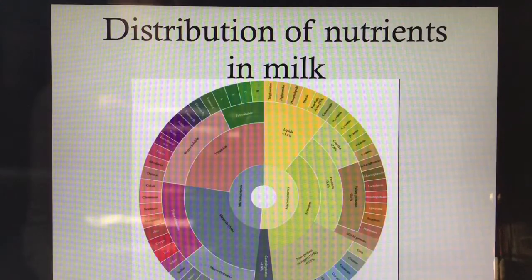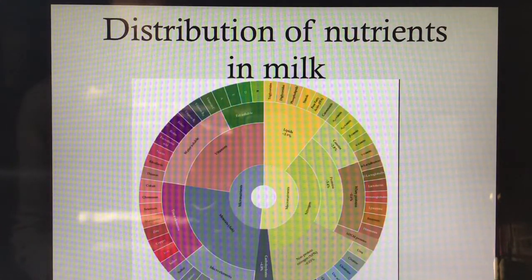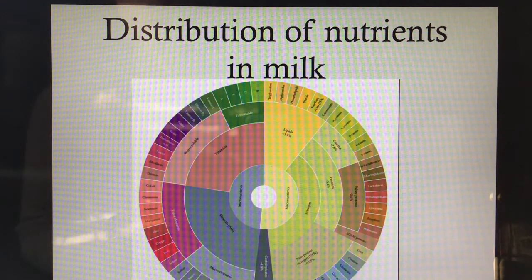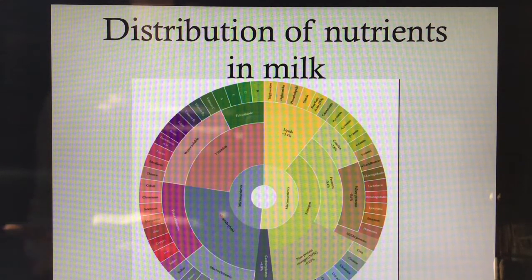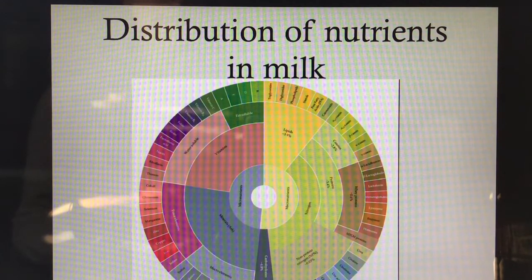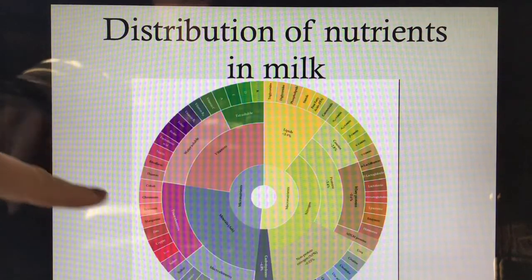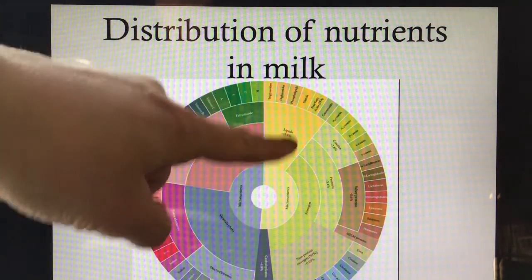So before we get stuck in, I just want to make the point that in many different foods, there isn't just one type of fatty acid. There's a range of different fatty acids as well as other nutrients. Now, you're not going to see the detail of this image, but this just describes a portion of the lipids that are in milk. So lipids make up 3.9% of milk.